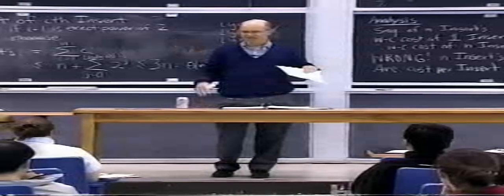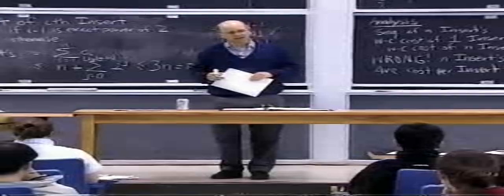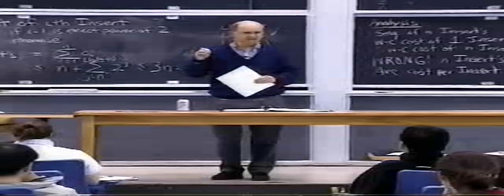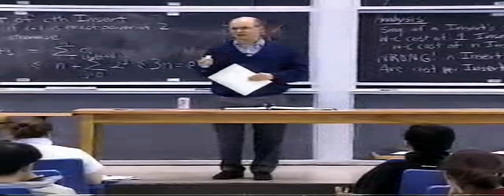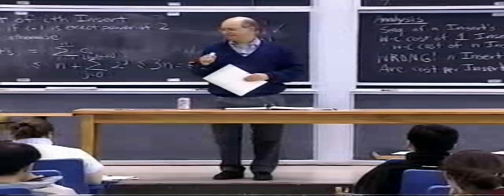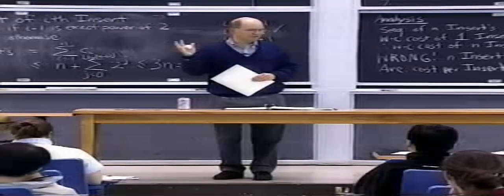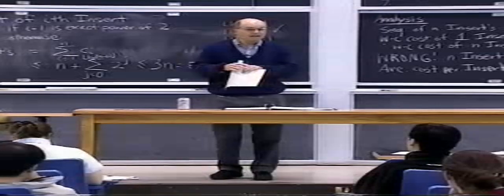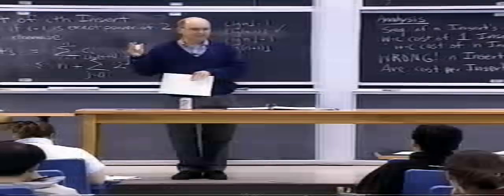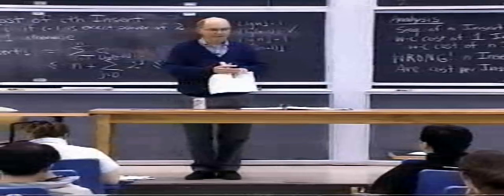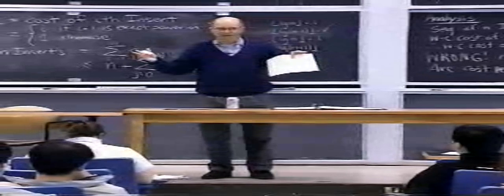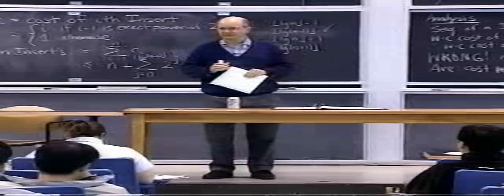But it doesn't really cost constant. What we say is the amortized cost is a constant. So we relabel it so that people know that some operations could cost a lot, but on average over n operations, it's going to cost a constant.